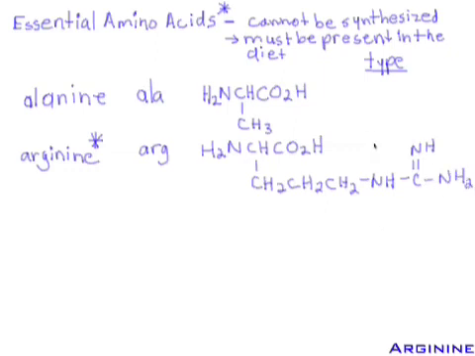There you go. And just so you can know, there's a lone pair here. The NH with the double bond has a lone pair, and the NH2 has a lone pair. So there's a lot of lone pairs off this end. Okay. Asparagine.